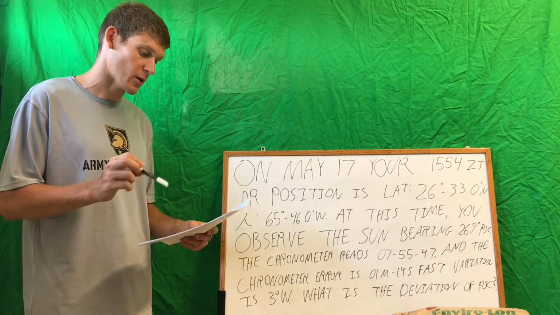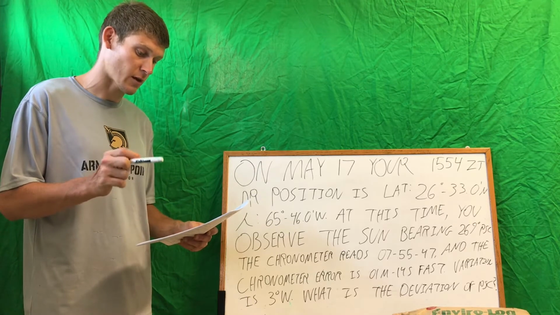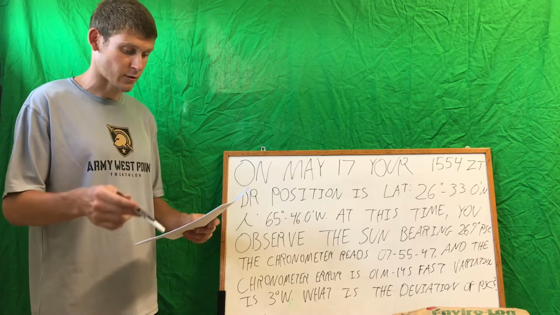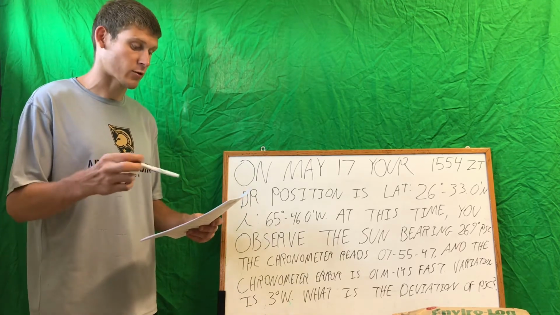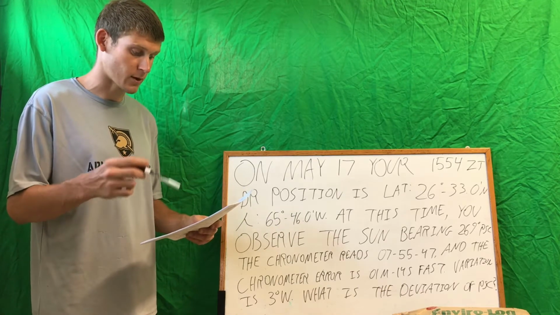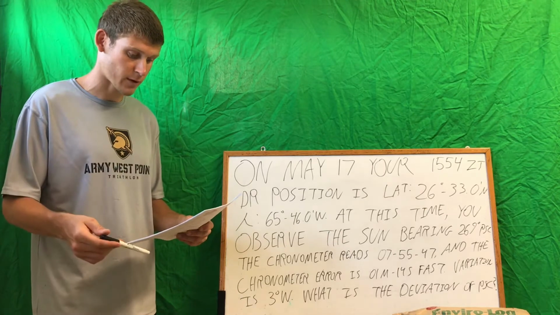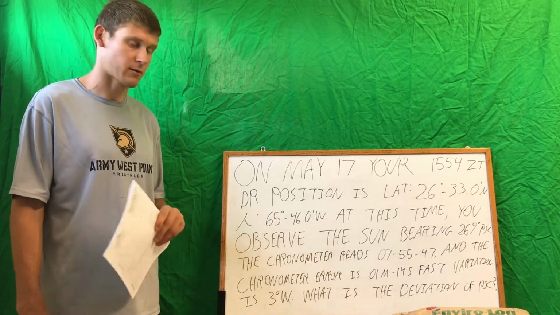At that time, you observed the sun bearing 269 degrees per standard compass. The chronometer reads 07 hours, 55 minutes, 47 seconds, and the chronometer error is 1 minute and 14 seconds fast. The variation is 3 degrees west. What is the deviation of the standard magnetic compass?